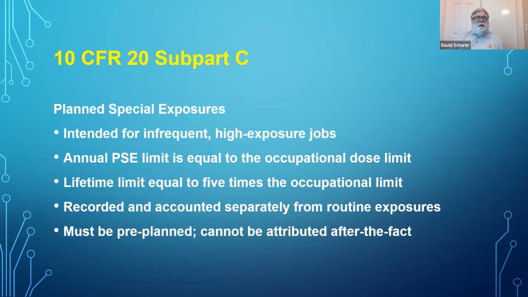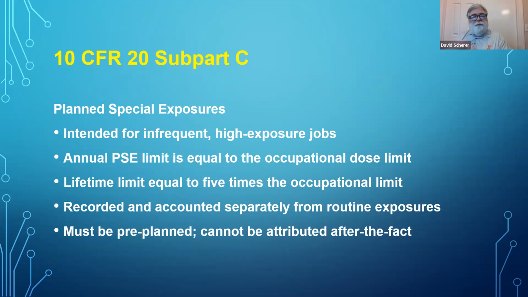So they have what they call the planned special exposures. This is intended for high exposure jobs that occur infrequently. The idea here is that an individual can receive the annual dose plus 1 more year's worth of dose, all within 1 year. It's not as an accident, and it's not something you do after the fact.